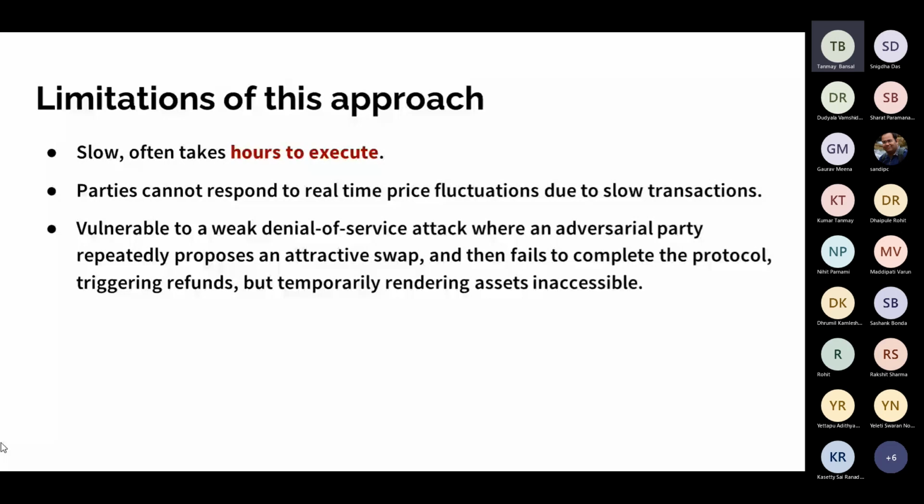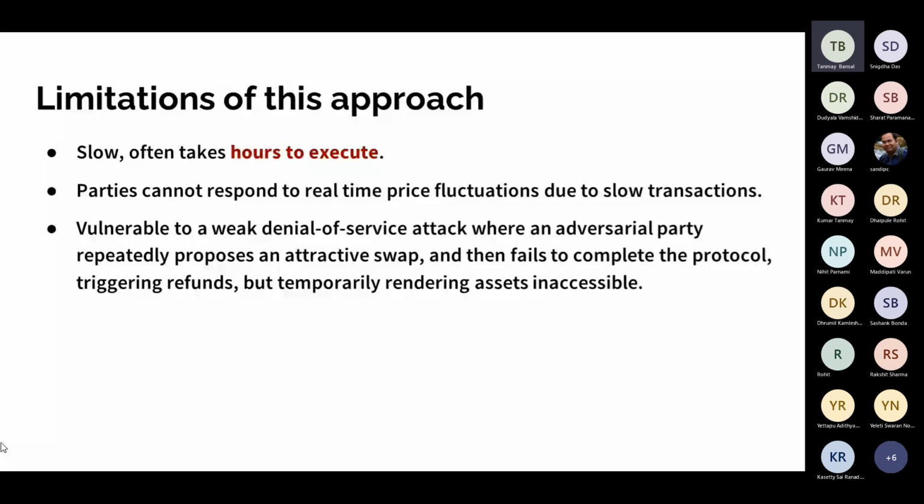That would trigger the refunds. But till the refund occurs, if it is a matter of weeks for Alice, then till that time her fund is locked. So it could lead to this kind of denial of service. Alice and Bob enter into a contract, Alice locks her 1 Bitcoin in a contract, and then Bob on some pretext backs out.